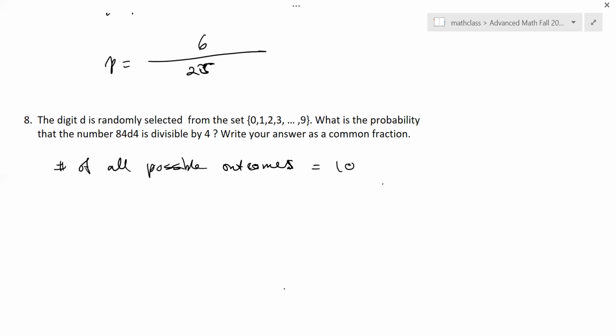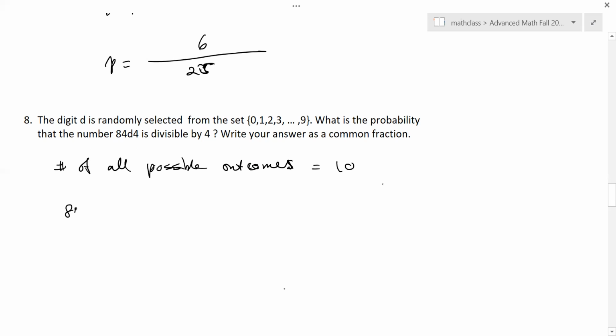Now I want to see which digit D makes the number 8,40D4 divisible by 4.